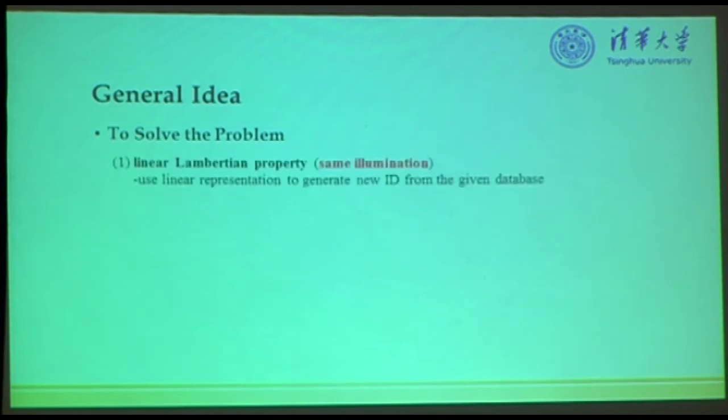To solve this problem, we use the linear Lambertian property to generate a new ID from the IDs in the databases. Here we must make it clear that the new ID and the given ID should have the same illumination.